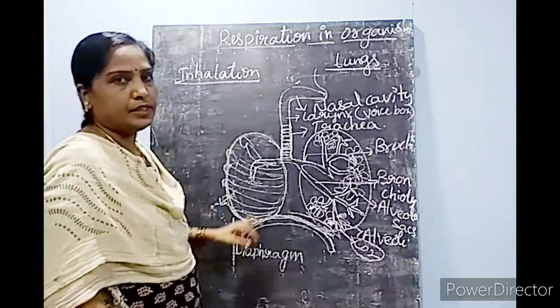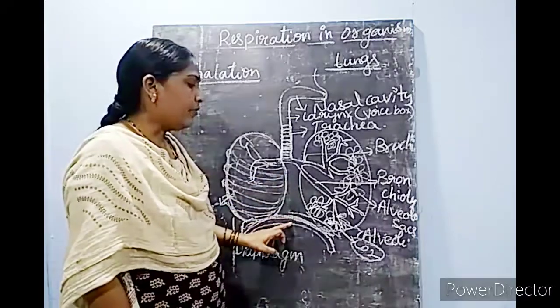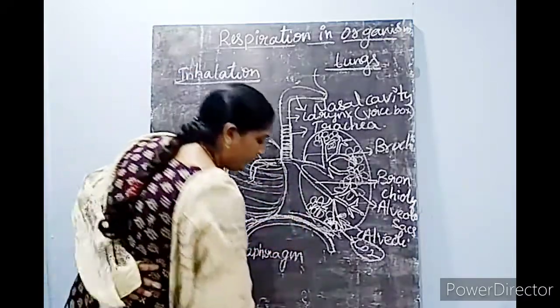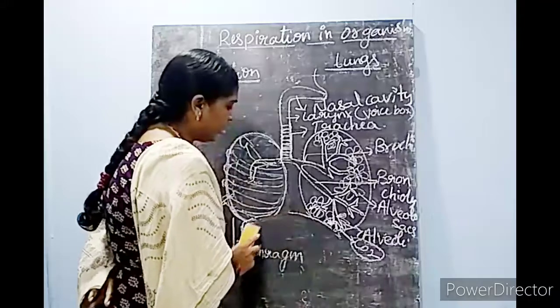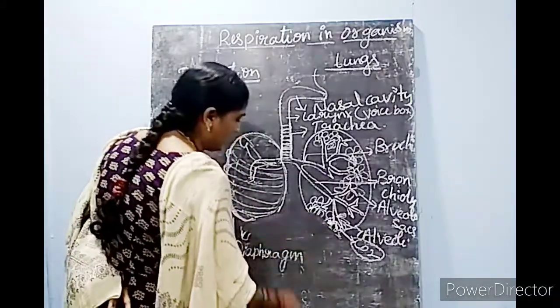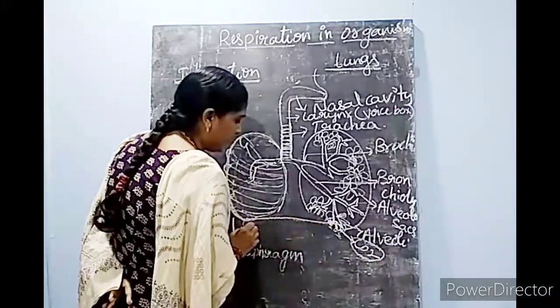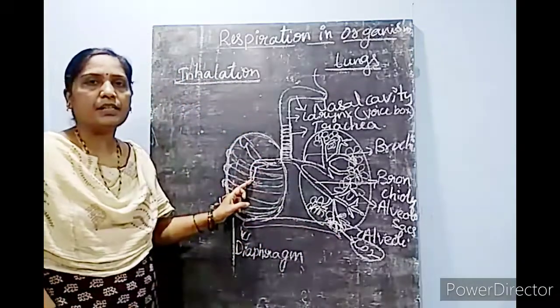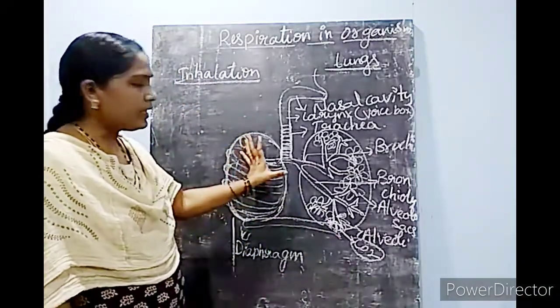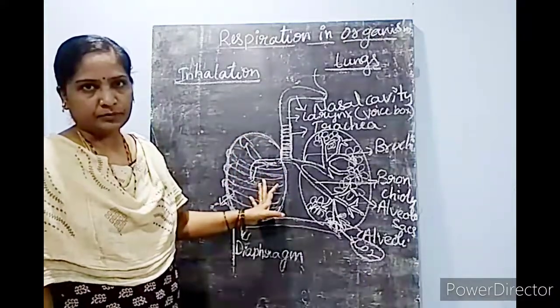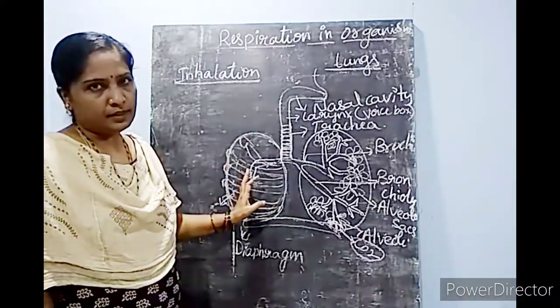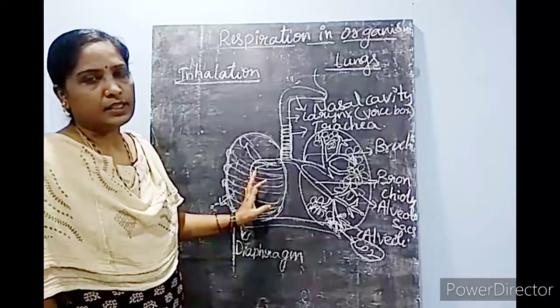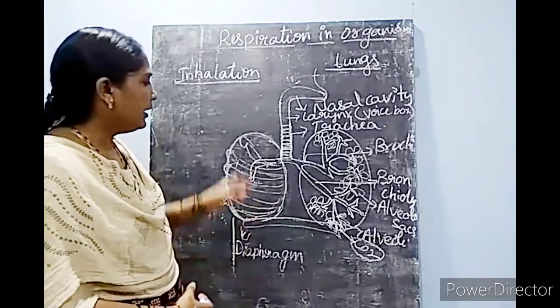At the time of inhalation, what happens? The diaphragm comes to a flat shape, and due to this, the volume inside the lungs increases.